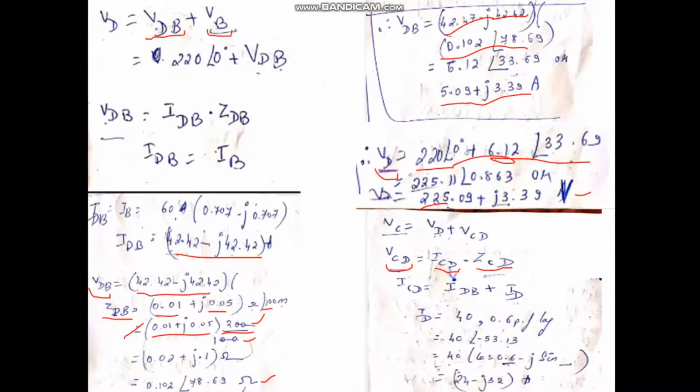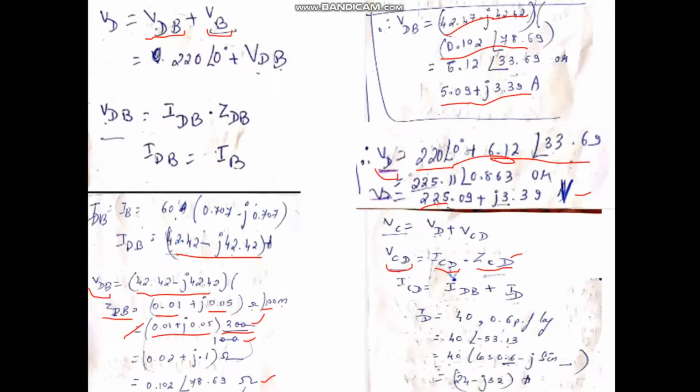ZCD calculation should not be a problem, because it would be the same 0.01 plus j0.05. This time it is 500. If you see the diagram, the distance between C and D is 500 meters. So accordingly you have to modify ZCD.